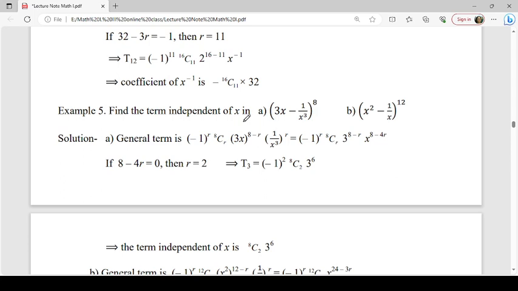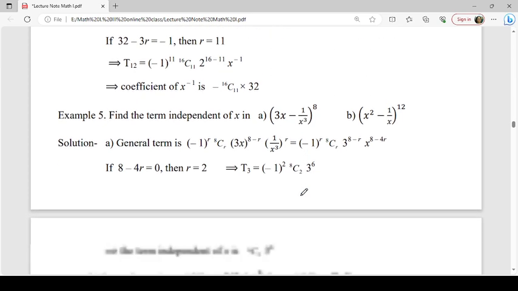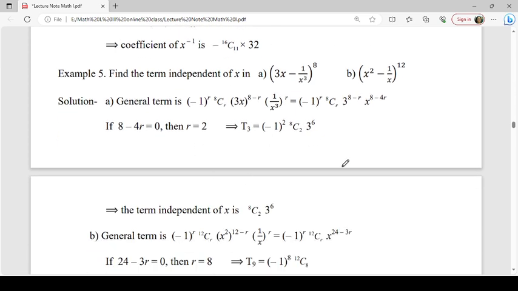So to find the term independent of x, as we found power of x is like this, minus 1, here we should make power of x 0. So independent of x means x to the power 0.